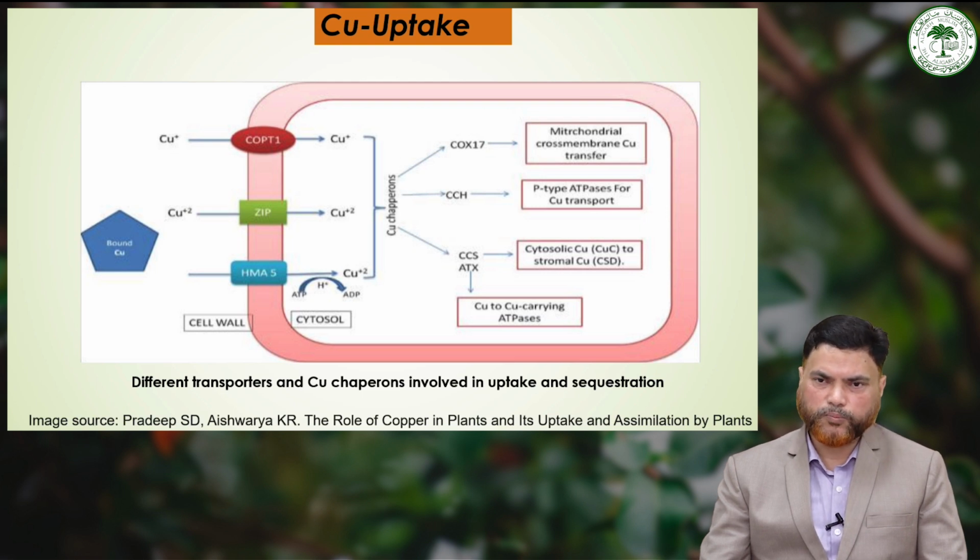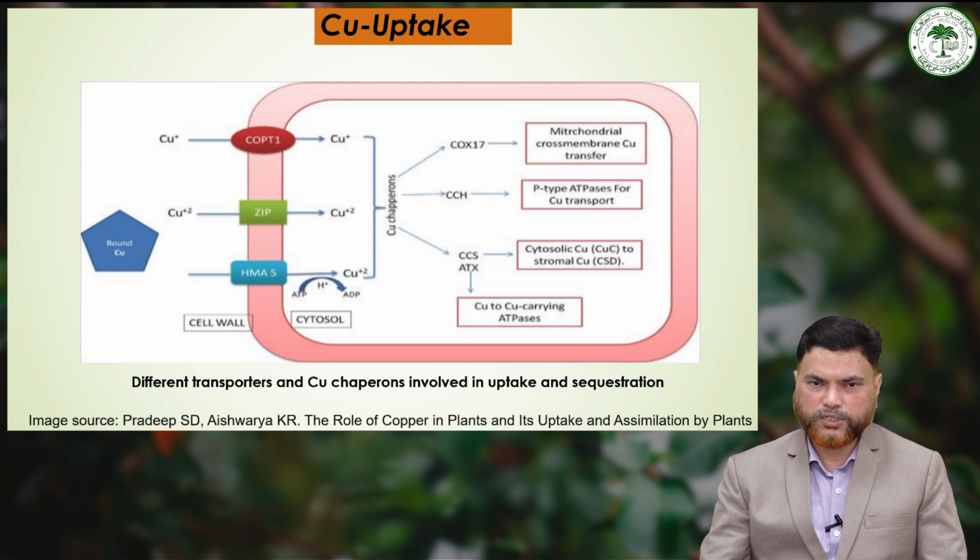Then another protein complex, the zinc iron permease, might also participate in the transport of divalent cupric ion at the cell membrane, alongside another transporter located on the organelle and plasma membrane, which are very selective for both monovalent and divalent forms of copper.